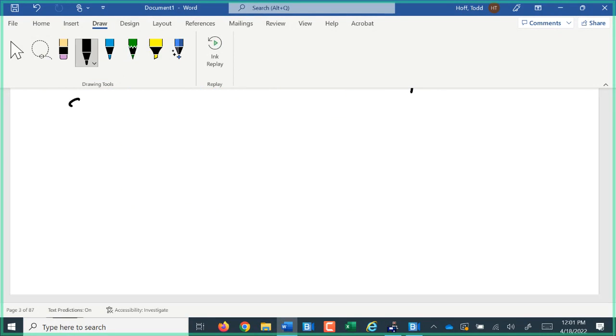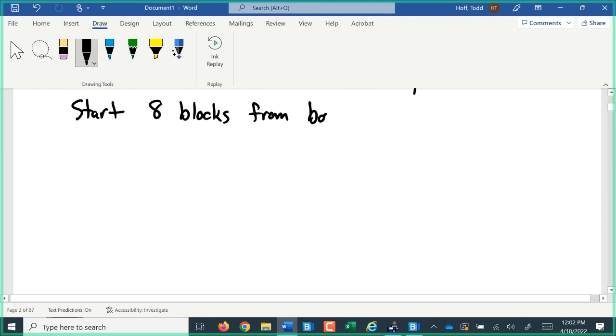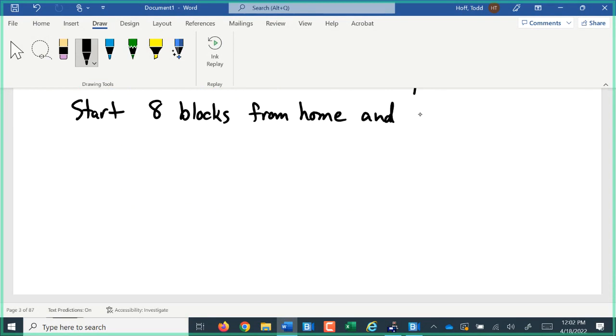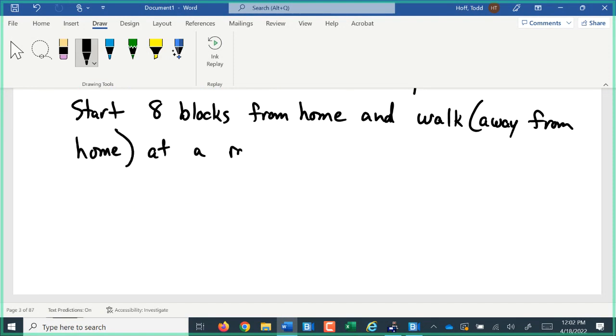And we might look at, let's say you start 8 blocks from home and walk away from your home at a rate of 2 blocks per minute. Let's graph your distance from home.